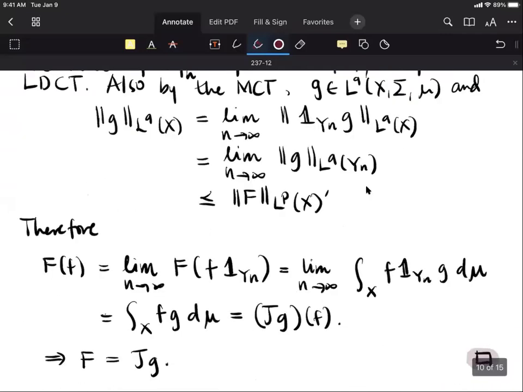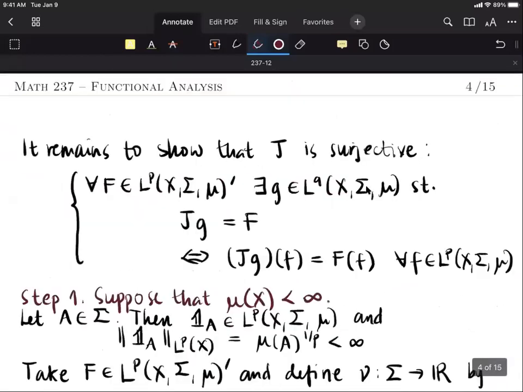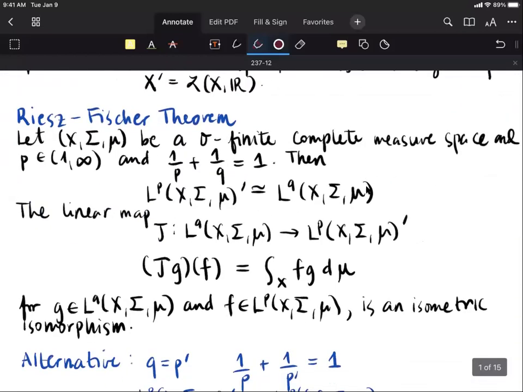So this completes the surjectivity of the map J, and hence the proof of the Riesz-Fischer theorem. In the next lecture, we will discuss the other function spaces.